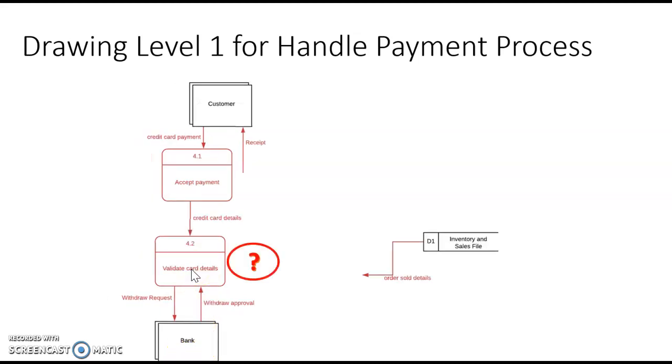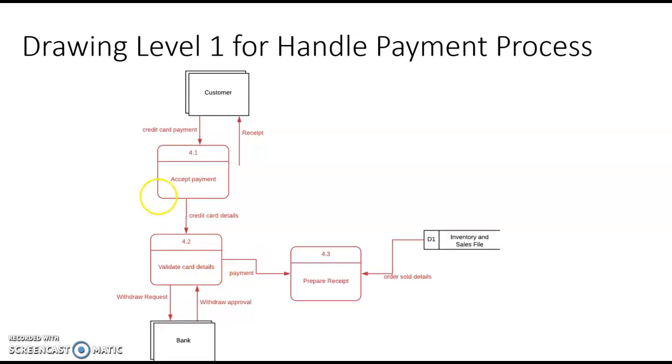Okay? Next, what needs to happen? Well, once I have the approval, I need to generate a receipt. So I will have the payment details here, and then I will prepare the receipt. To be able to prepare the receipt, I require information from the inventory and sales, the order sold, like maybe ordered 1 burger and then maybe 1 water, as the example mentioned.